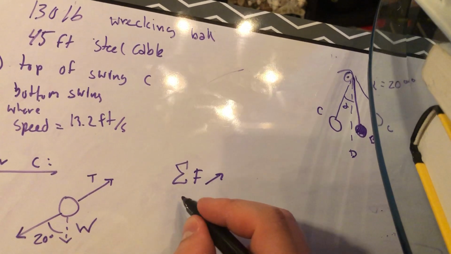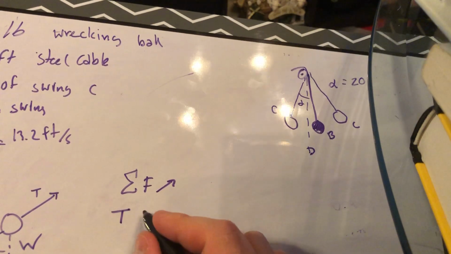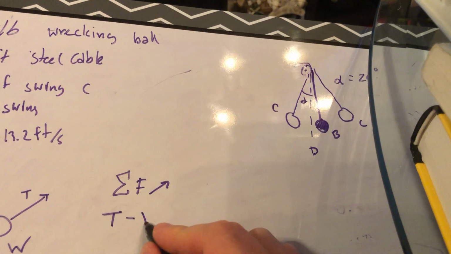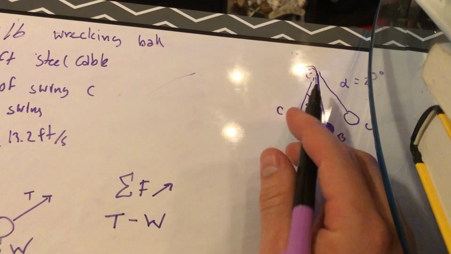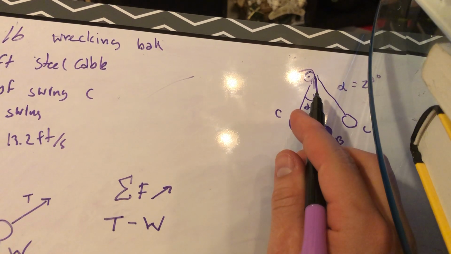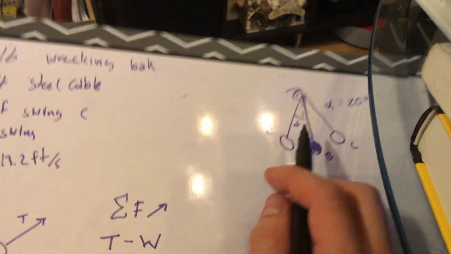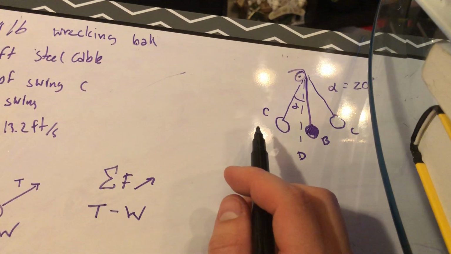We're going to have T, the tension in the cable, minus the weight of this guy cosine 20.